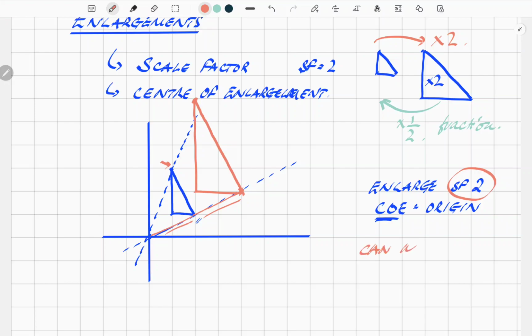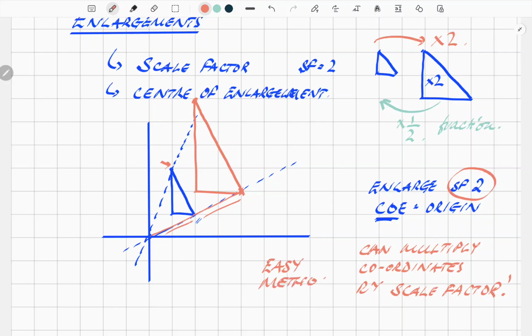You can multiply coordinates by the scale factor. That's the easy method.